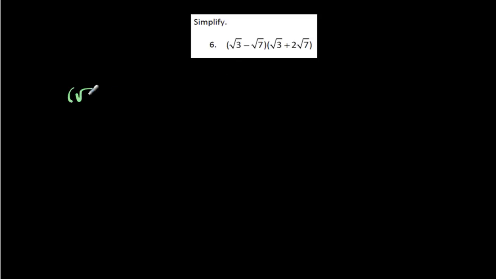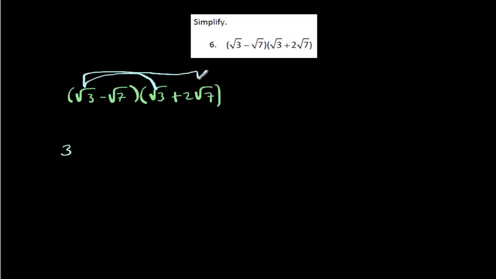This one is a lot like the other ones. We just have to FOIL this out. So root 3 times root 3 is 3. Root 3 times 2 root 7 is 2 root 21. Root 7 times root 3 is negative root 21.